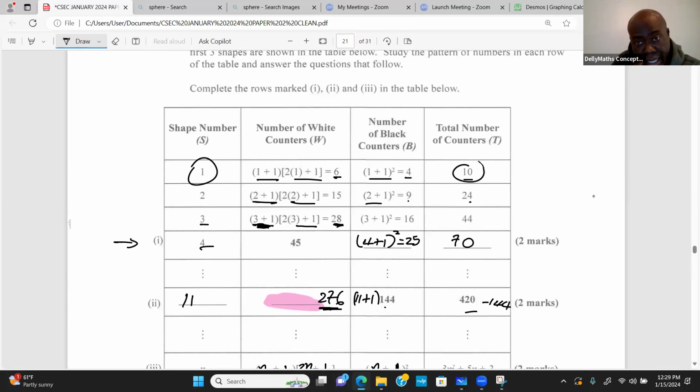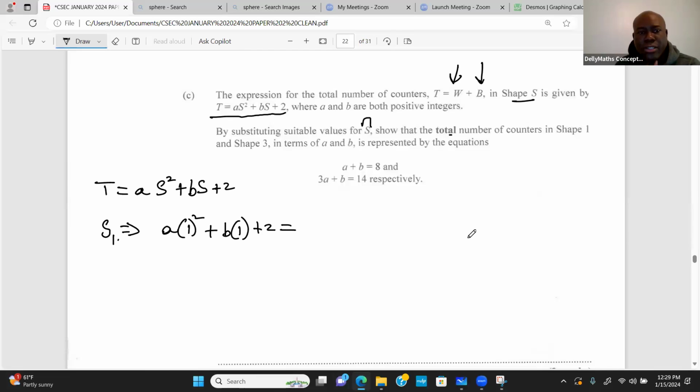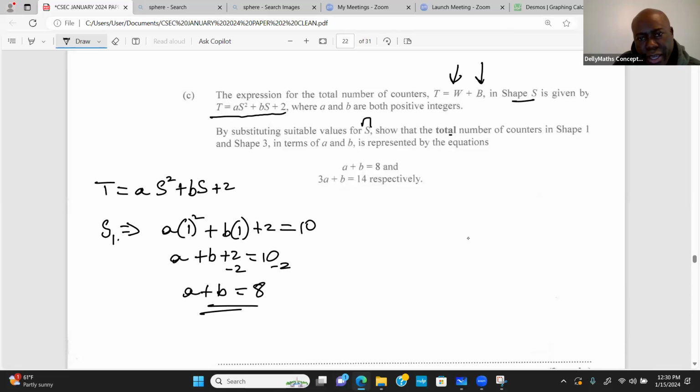So at the first level, we're dealing with 10. So this is equal to 10. So if we simplify this, 1 squared is 1. 1 times A is still A. 1 times B is still B, plus 2 equal to 10. If I subtract 2 from both sides, then A plus B is equal to 8. Hence, I would have proven this one already, right?